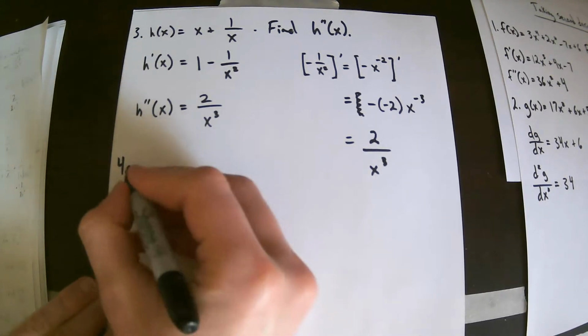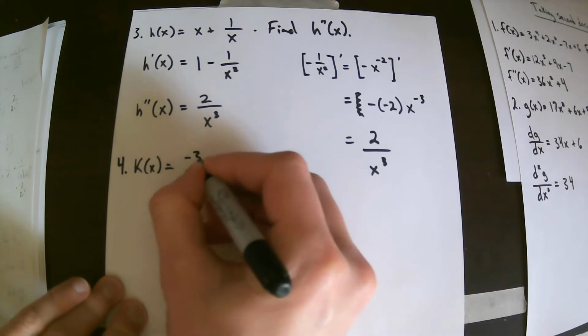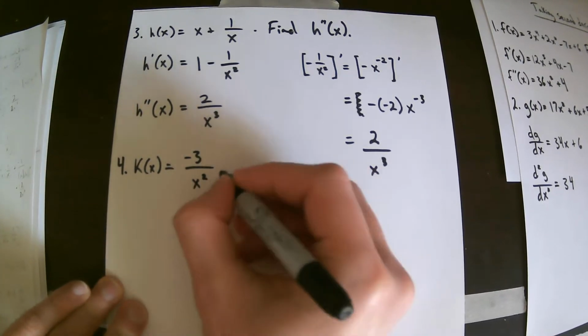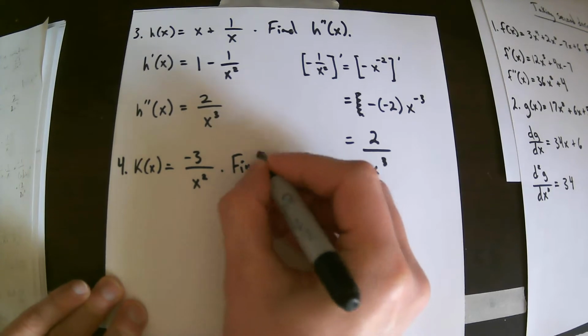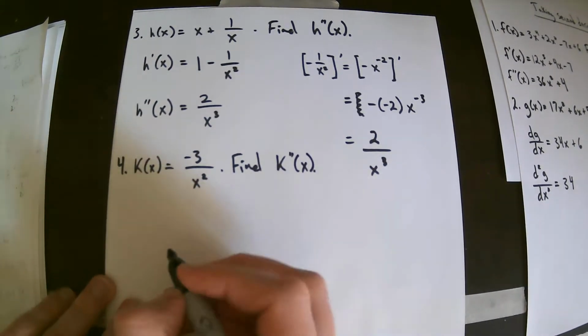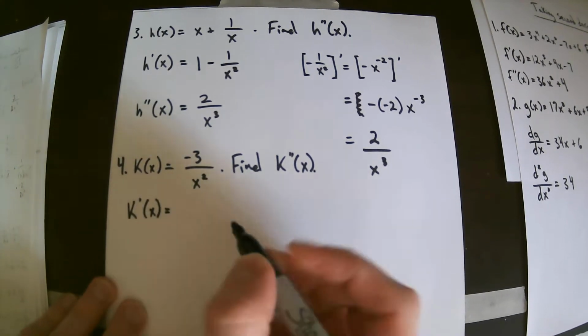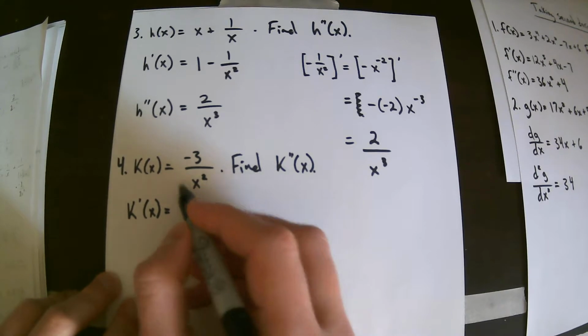Okay, let's try another rational function. Let's do negative 3 over x squared, and let's find the second derivative. Okay, so first derivative. I'm going to do a similar thing.